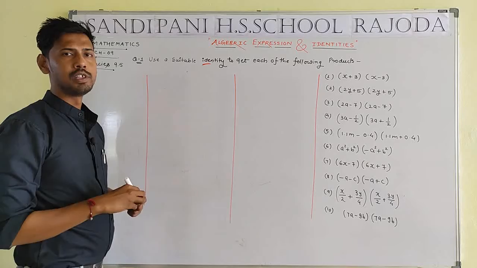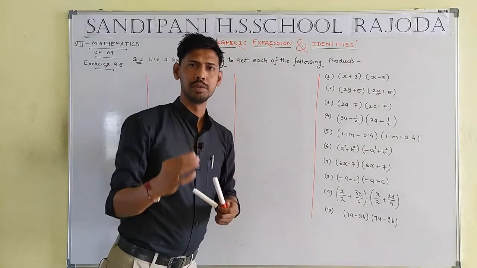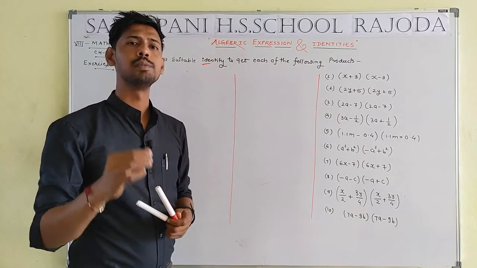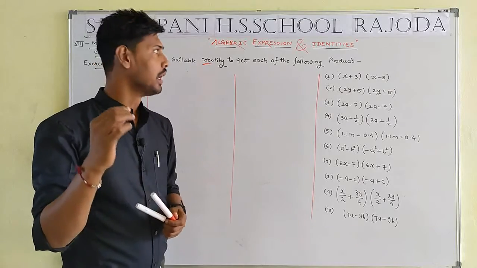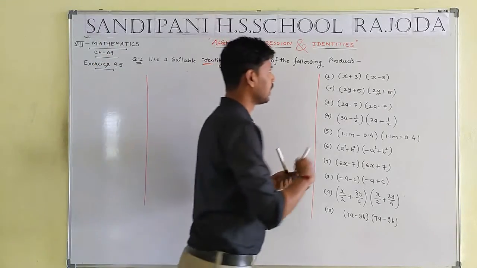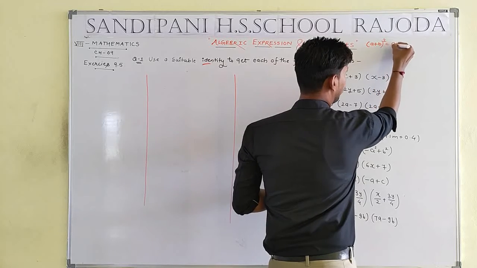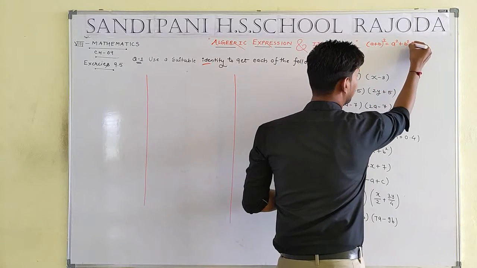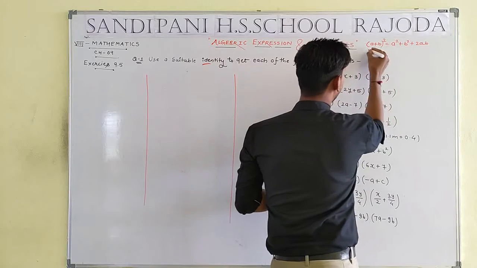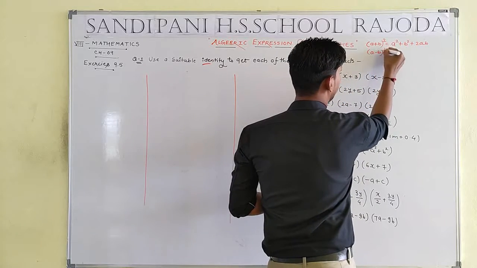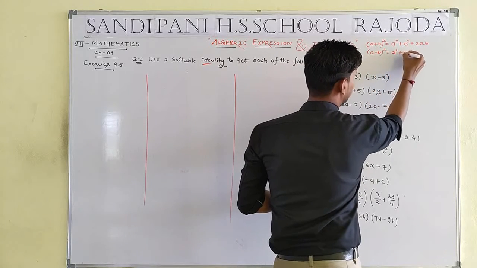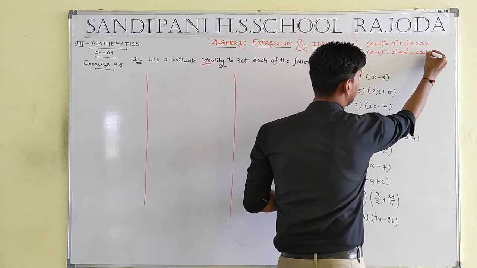For example, (a plus b) whole square is a square plus b square plus 2ab. (a minus b) whole square will be equal to a square. I will write it down, student, so you don't forget. (a plus b) whole square will be equal to a square plus b square plus 2ab. (a minus b) whole square will be equal to a square plus b square minus 2ab.